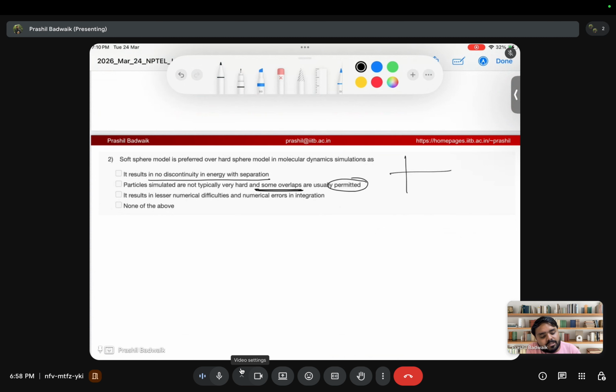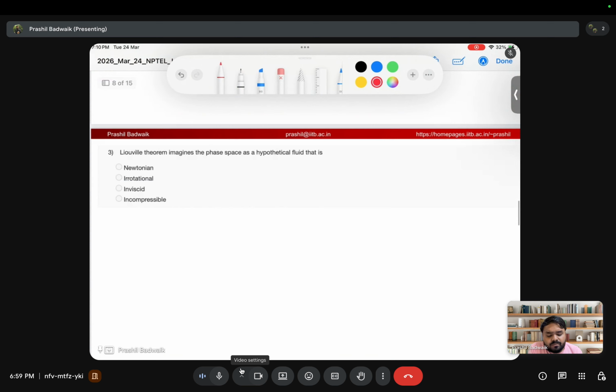That means U_LJ, just like what we draw, will look like this. It's a continuous function of the distance of separation, and it gives you easiness while solving the equation. That means numerical difficulties are not there. So these three options are correct.